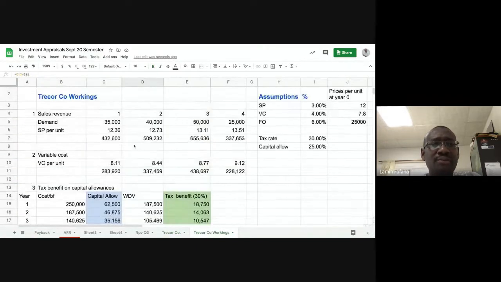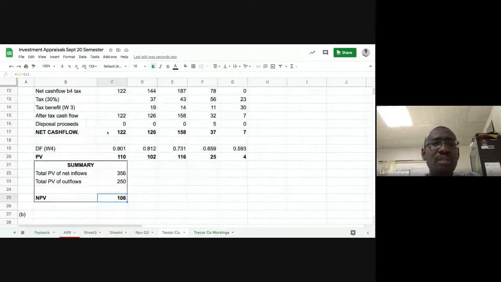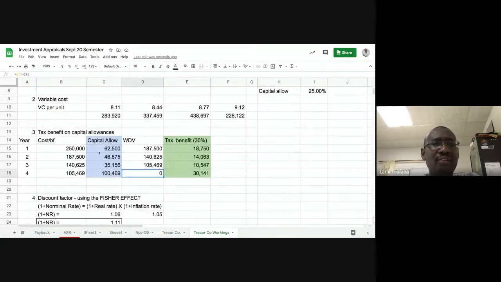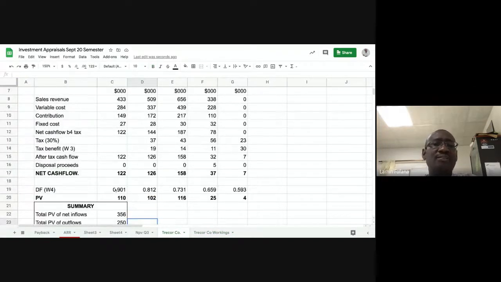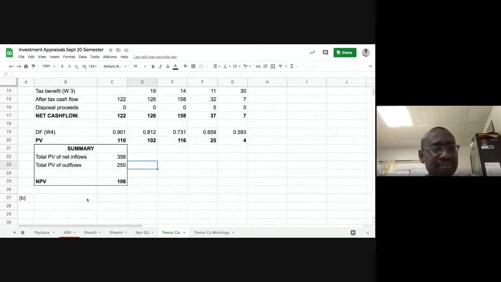The rounding also started from even the rates. If you had rounded some of them to 1 dp instead of 2 dp, that may cause this. You will never be penalized for 1, 2, or 3 like that. Okay, is that clear?